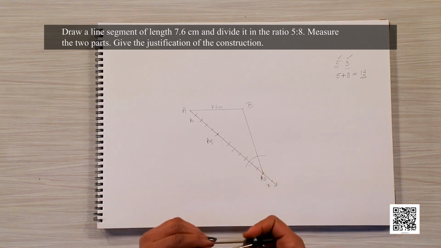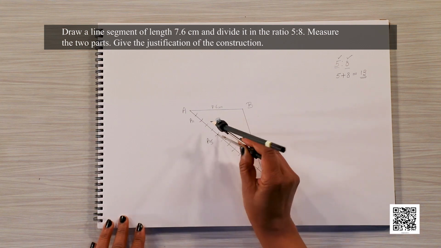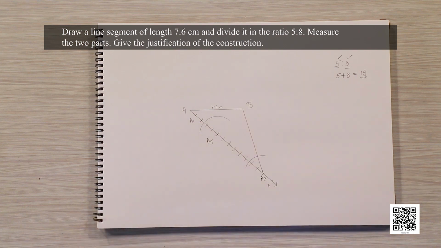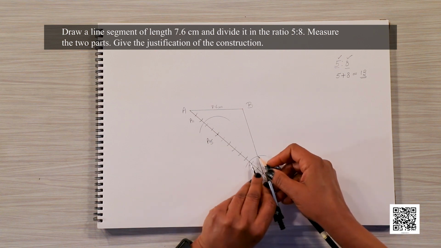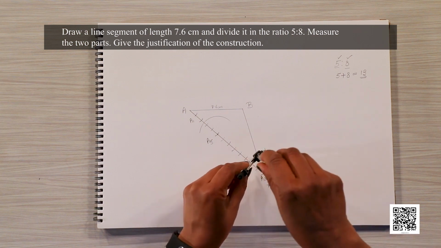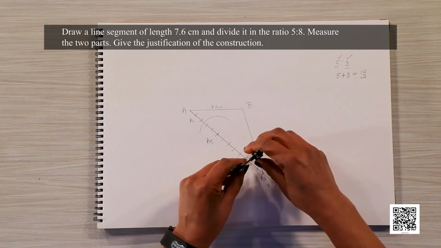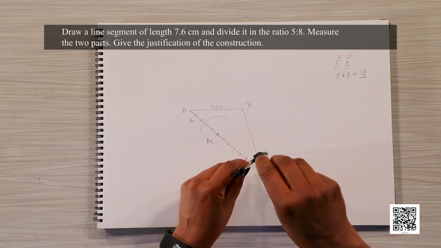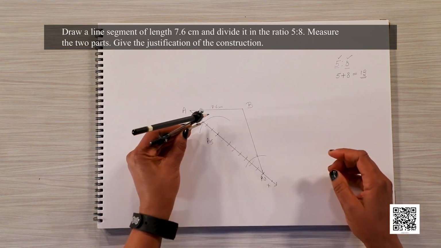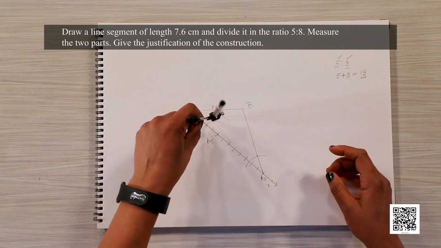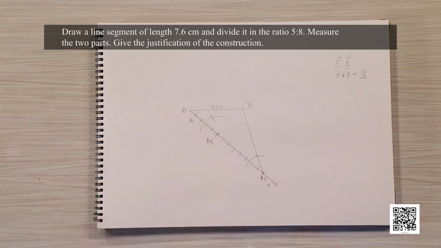Without moving the compass with the same radius and center A5, mark another arc. Now, open the compass equal to this angle. Let me see if the arc is proper. Okay. So, the same arc of same radius, we are going to mark here.